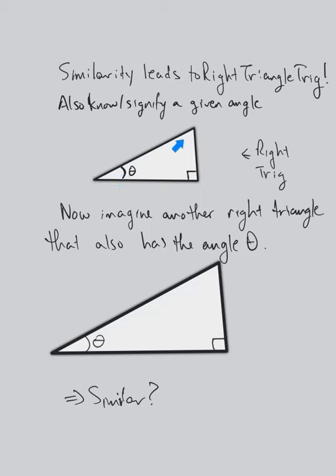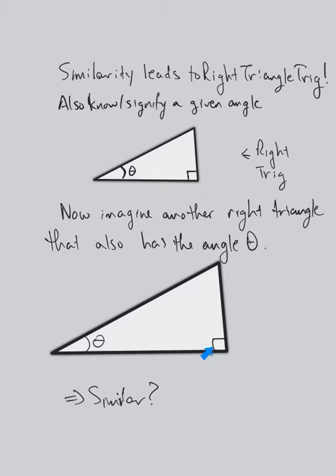So I could calculate this angle right here based off of those two. If you're having trouble seeing, let's just pretend theta is 30 degrees right now. So here's 30 degrees, here's 90 degrees, and 30 plus 90 is 120, so this angle would have to be 60 degrees for them to add up to 180.